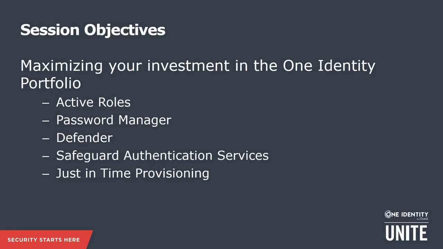We're going to start our journey with Active Roles, looking at how we can add additional value by using Password Manager, bolstering our security posture with the One Identity Defender 2FA solution, and then also look at how we provide that bridging of authentication using Safeguard Authentication Services. Finally, we're going to look at how we can bring together these components to provide just-in-time provisioning for some of your privileged identities.